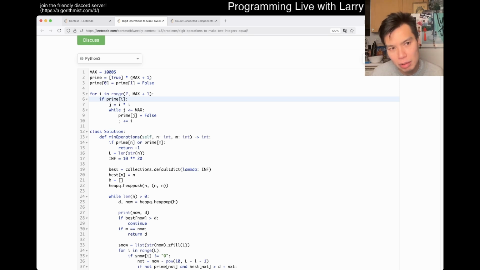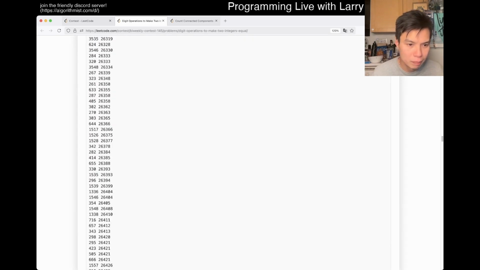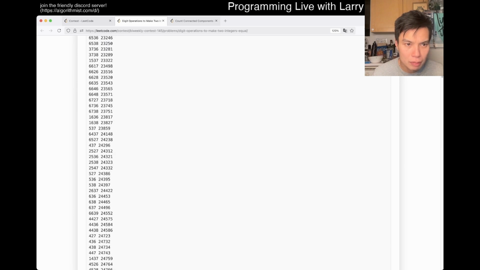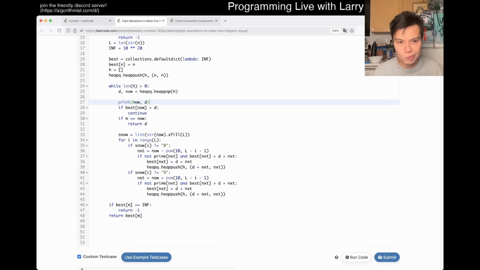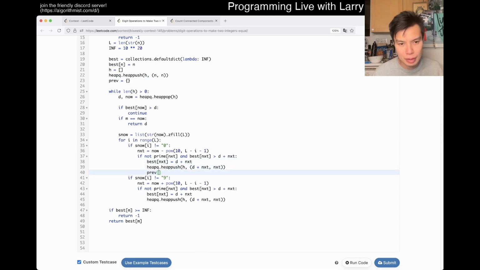No, I don't think so. Unless I'm missing a digit or something. 10 to the 4th? No, 10 to the 4th sounds right. This is sad. I have to add debugging code.